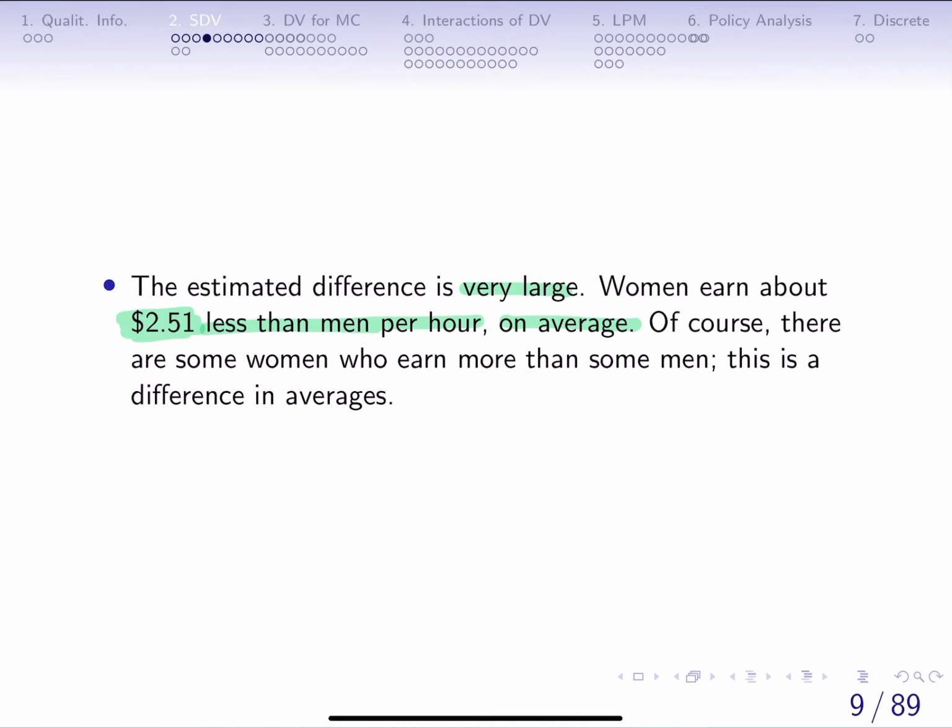But remember that in your sample, you might find that there are some women who earn more than some men, and that's totally fine because the regression analysis only tells us the differences between the two groups on average, right?